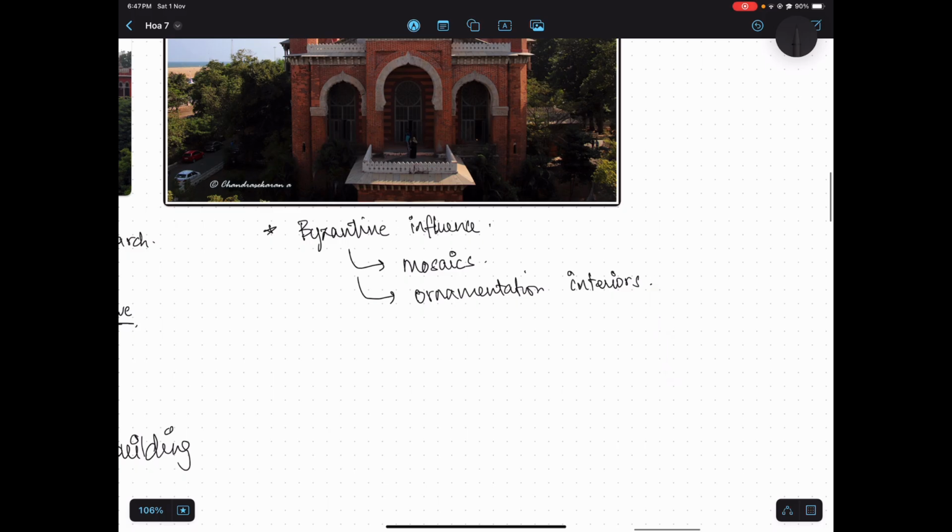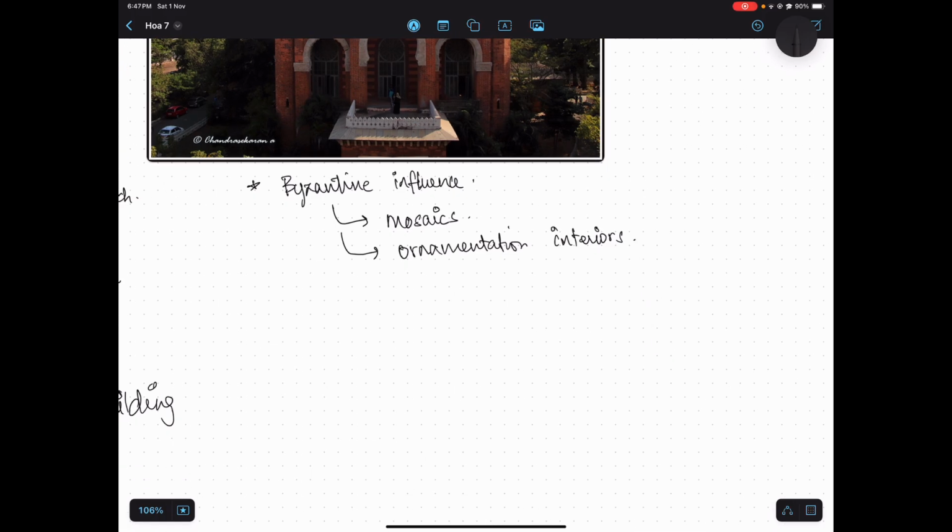So this was a rectangular plan with 4 domed halls.